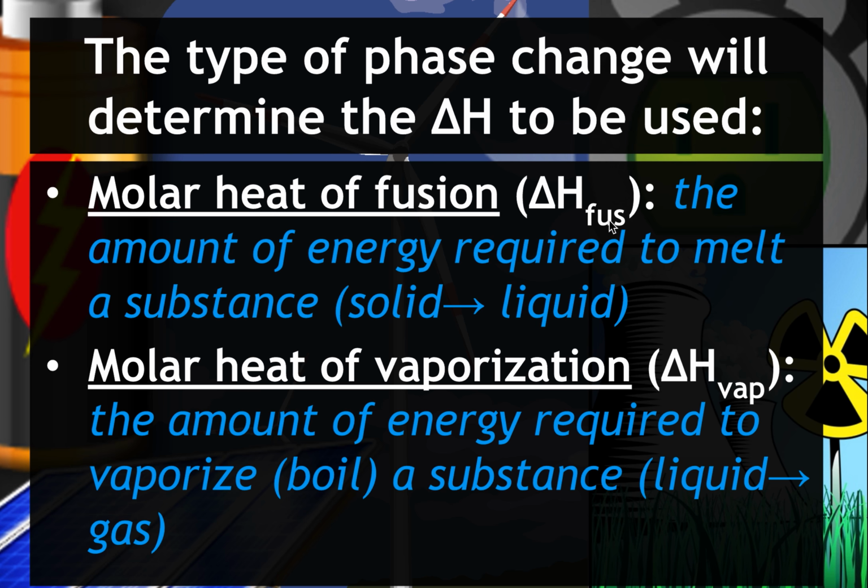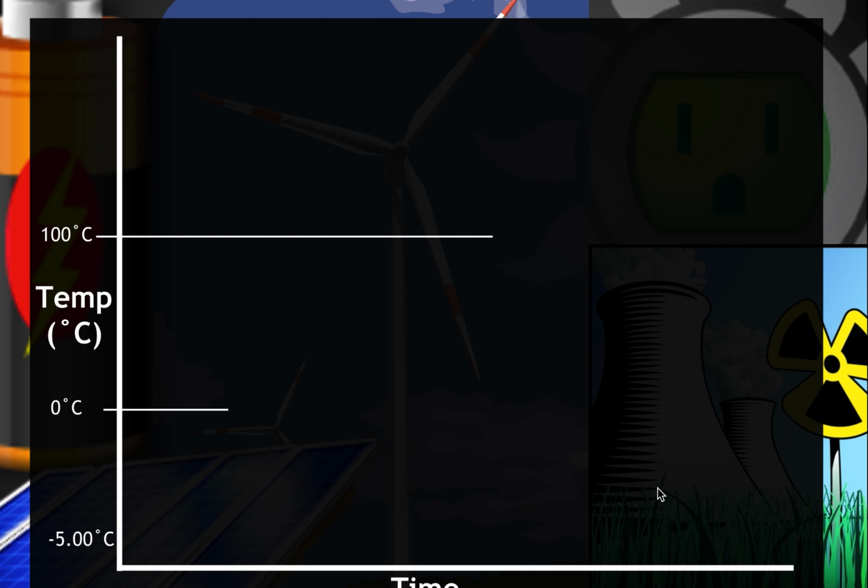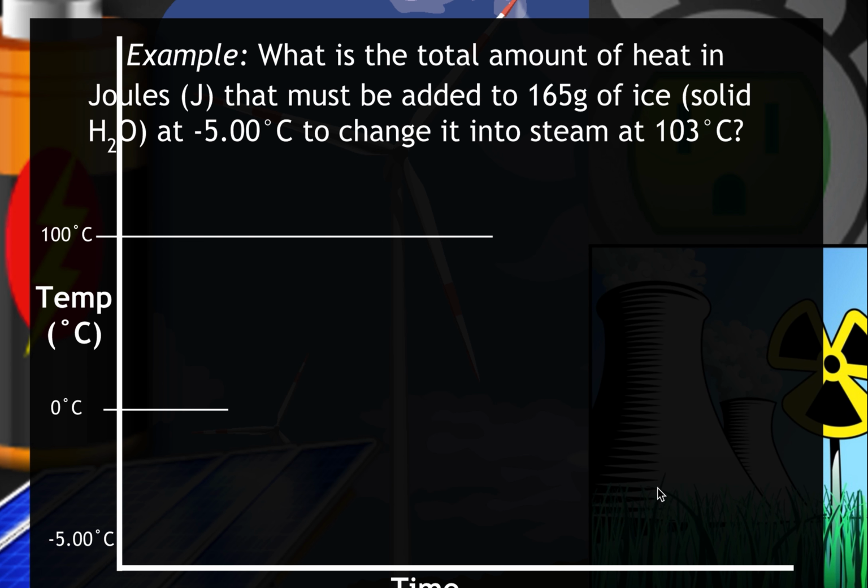Usually it's fusion, because that's the process of going from solid to liquid, and vaporization is the process of boiling or going from liquid to a gas. So let's take a look at a phase change diagram that has all of our variables in place.